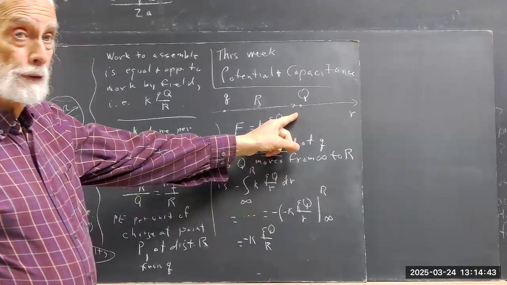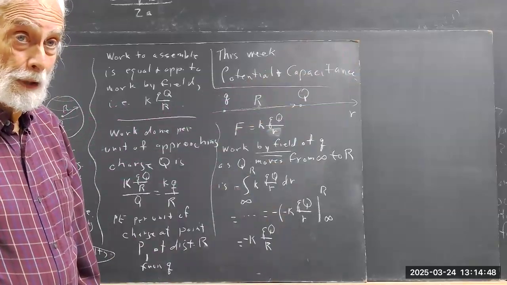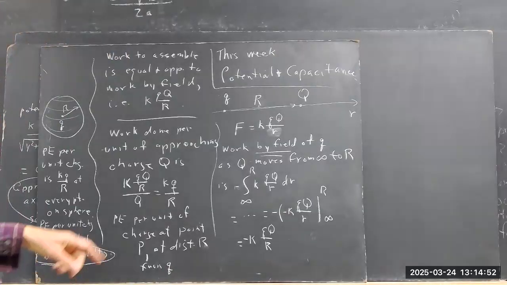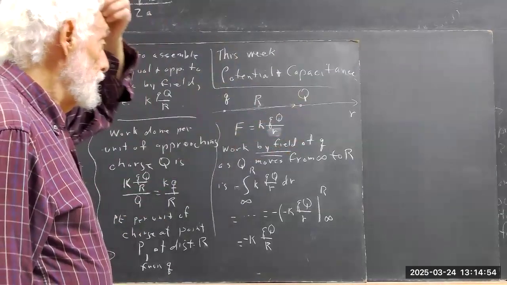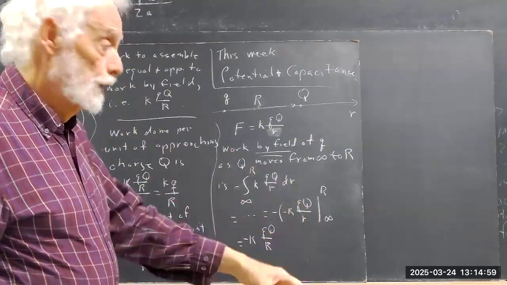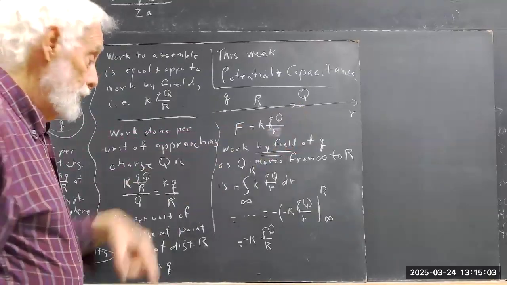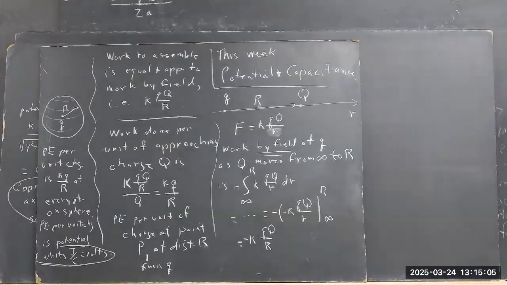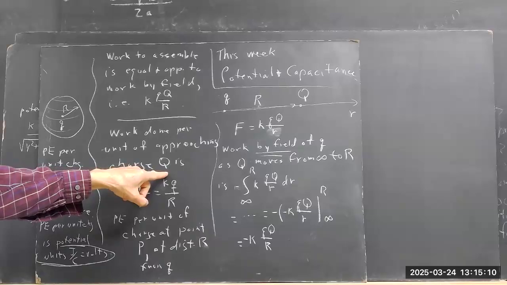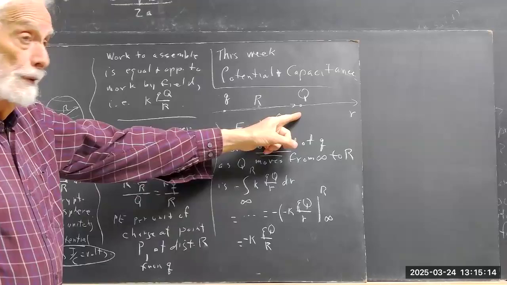Now, we're going to regard this as a test charge, just whatever charge we want to bring in. If there's no charge there, then at this point we can still have a quantity, which is the amount of work it would take per unit charge. So we take work per unit of approaching charge. That's a property of this point in space.